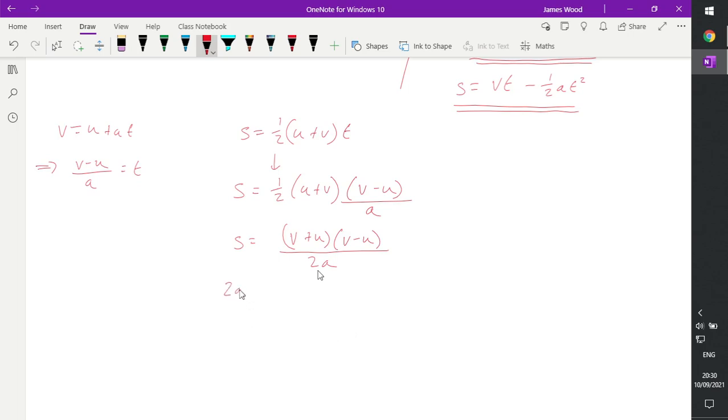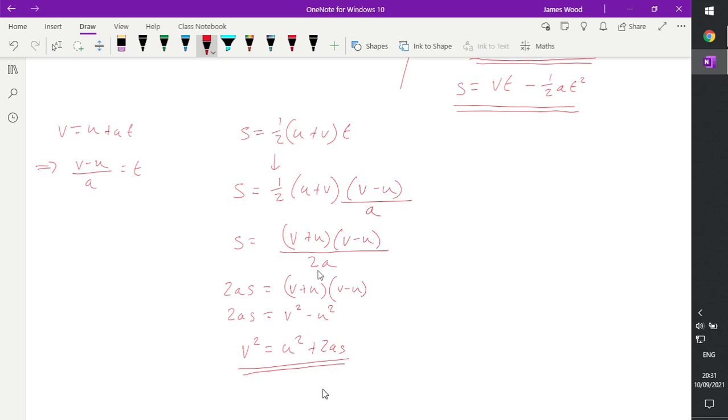So that means that 2as equals v plus u, v minus u. Hopefully you recognise this is a difference of two squares. So this would be v squared minus u squared. And if I just finally rearrange that, I can get v squared equals u squared plus 2as, which is the final formula. And I've derived all of my SUVAT formulae.